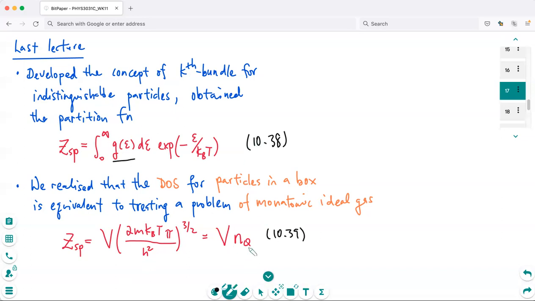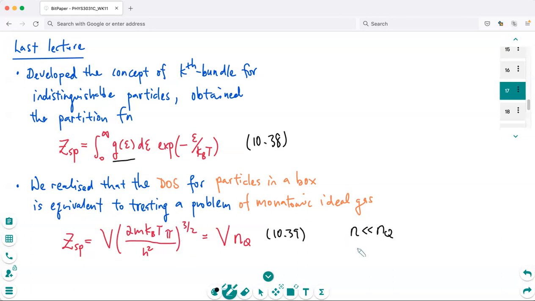And this n sub q is the quantum concentration. The point is, if we have n much smaller than n sub q, we can use classical statistics, which is something we derived. And in the opposite limit, when your concentration is much larger than n sub q, you have to use quantum statistics.